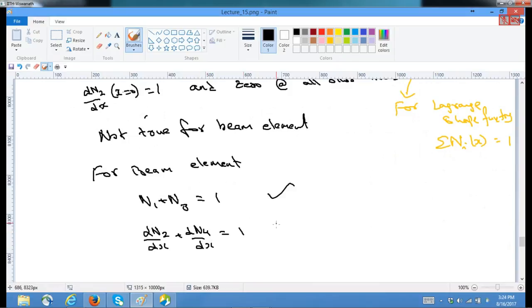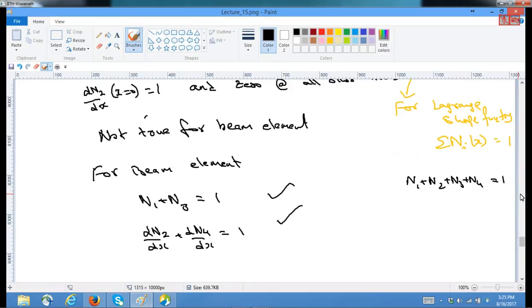These are two sets which are different from n1 plus n2 equals 1, or the summation. If you have 4 degrees of freedom in a bar element, we would have written n1 plus n2 plus n3 plus n4 equals 1. However, for the beam element, it is not true.